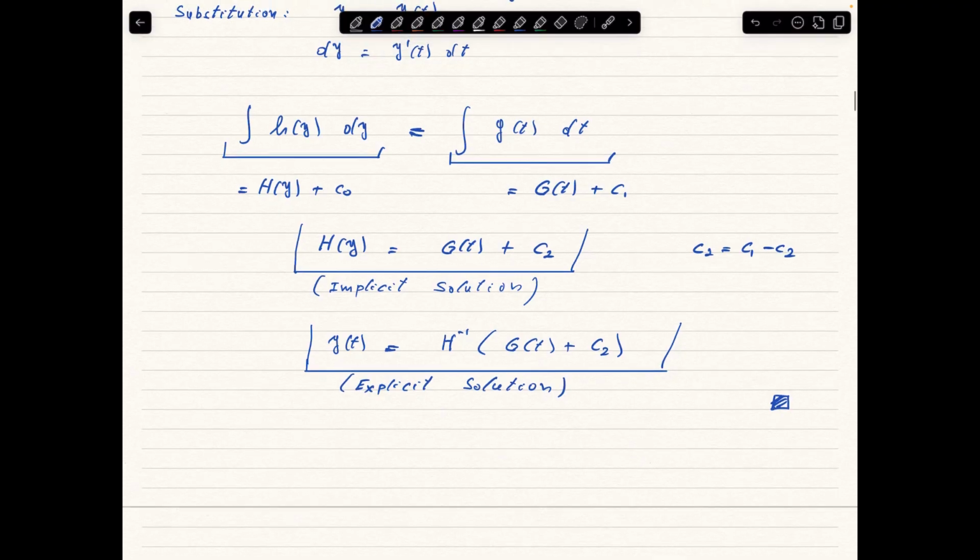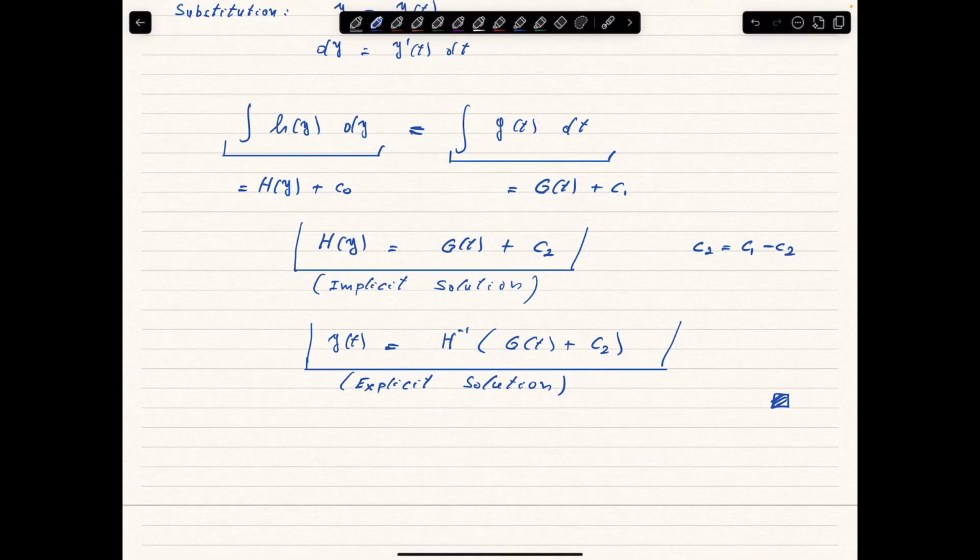In the previous example, we have y times y prime equal 2t over 1 plus t squared.